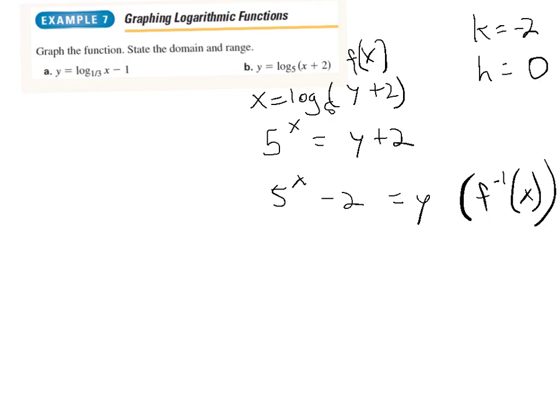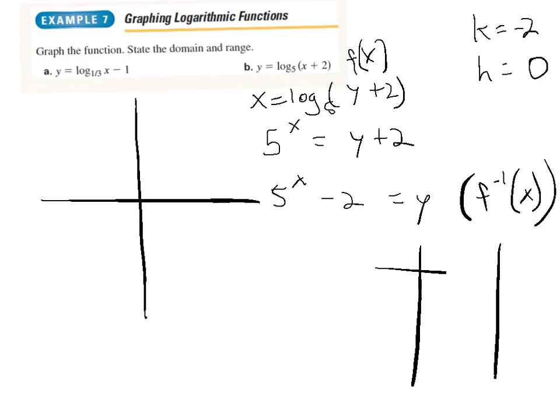So we'll put the graph over here, and then we'll put my xy chart here. X, y, and we get our OG is 5 to the x, and we'll say what's 0 and then 1. So 5 to the 0 is 1, 5 to the 1 is 5.